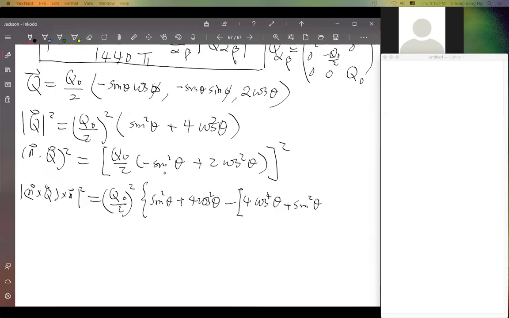Okay, and then minus 2 of these and this, so minus 4 of sine square theta cosine square theta.